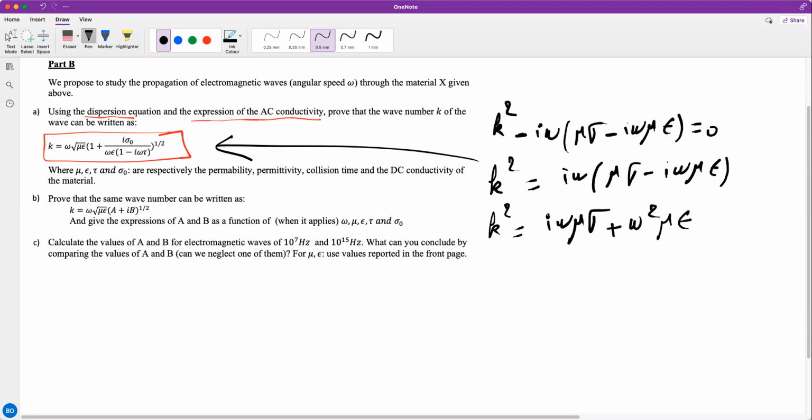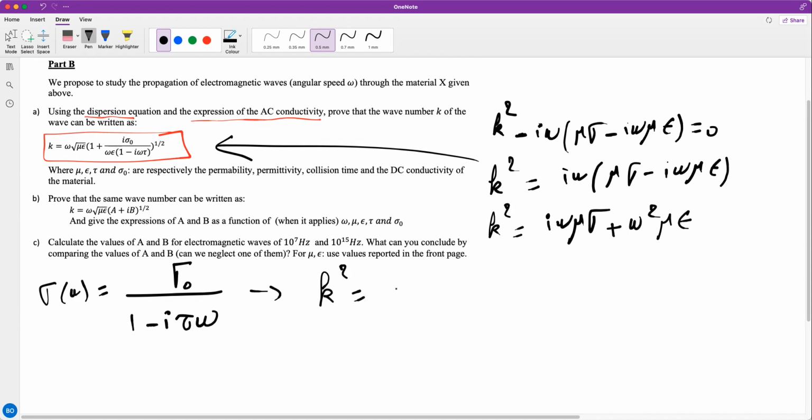Now I know that sigma of omega is equal to sigma 0 divided by 1 minus I tau omega, right? Then I replace, so K squared becomes omega squared mu epsilon plus I omega mu sigma, and sigma is sigma 0 over 1 minus I tau omega, right?